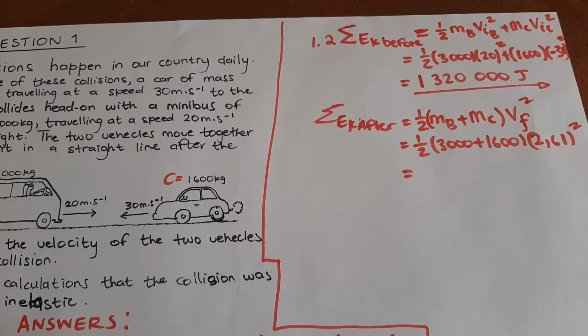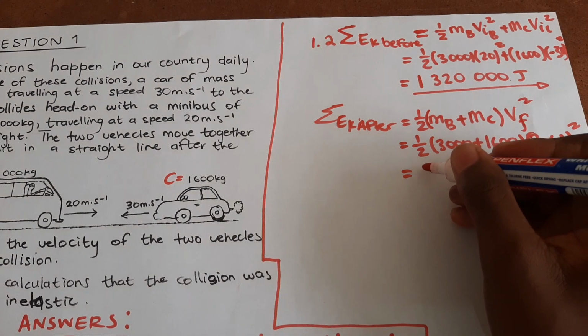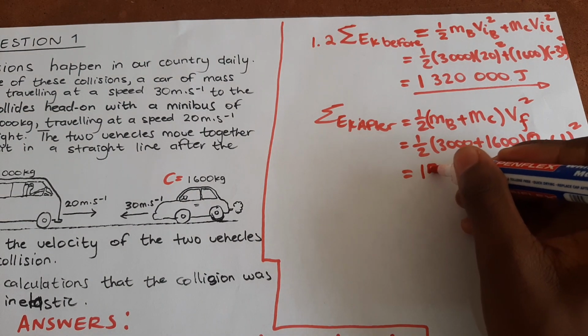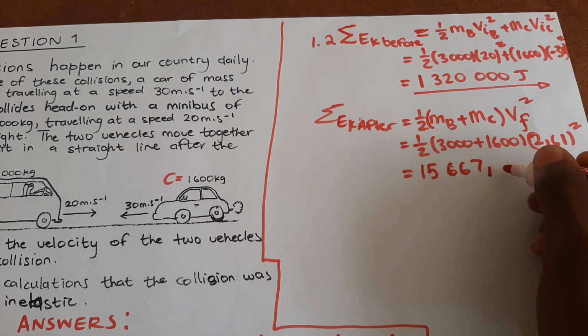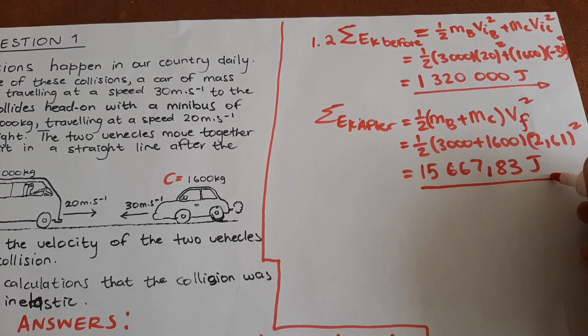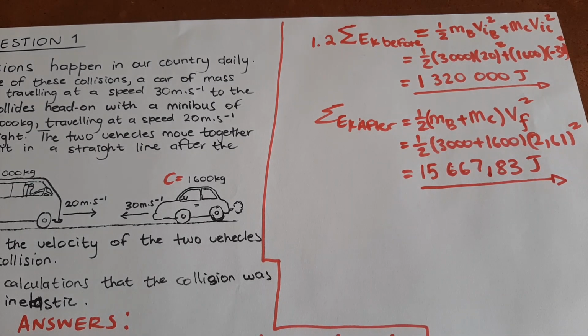So 1,600 multiplied by 2.61 squared. What's the answer? The answer is 15,667.83 joules. I hope it gives you the very same thing, guys. That's how it goes.